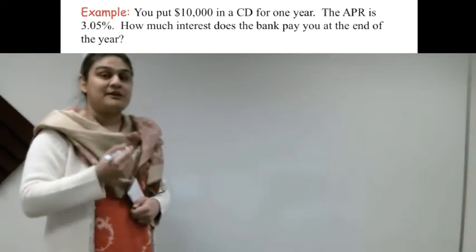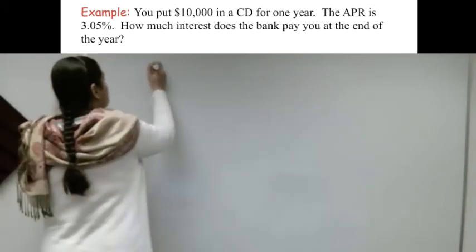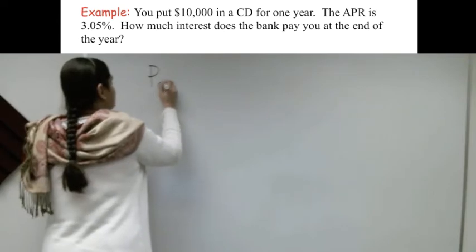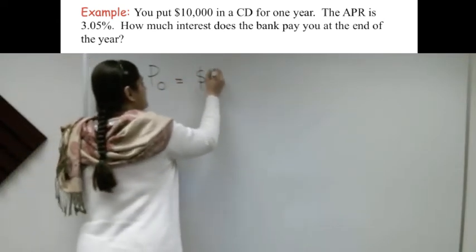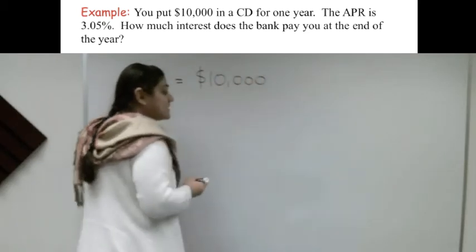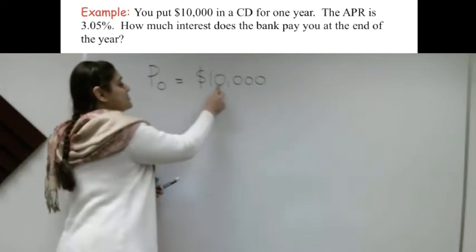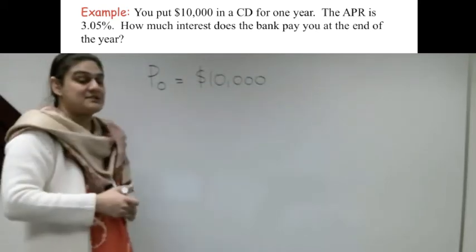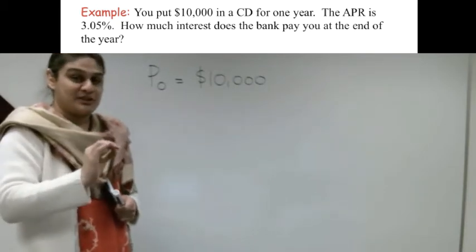So for example, in this problem, the problem says you put in $10,000 in your CD. So P naught, which is your initial investment, is $10,000. Note, I am putting a sign with it that shows me what the unit of these things is. It is very important that you remember the units.